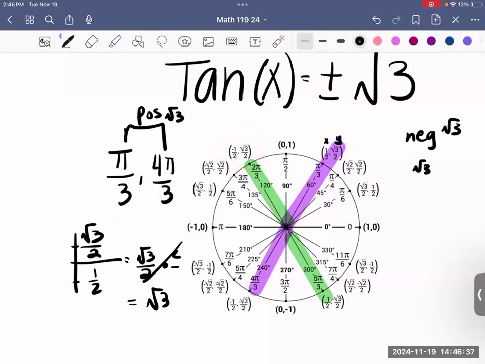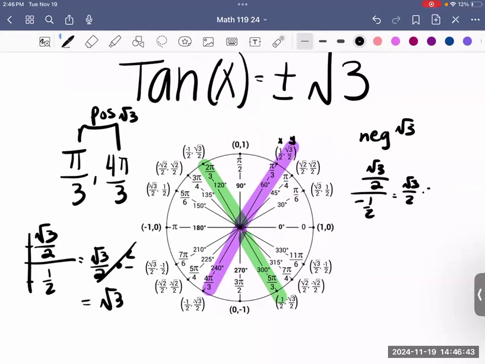So root 3 over 2 all over negative 1/2. Same idea here. We've just now have one that is negative. The negative doesn't cancel. It remains behind. Same thing down here. So that was at 2 pi over 3, and again at 5 pi over 3.